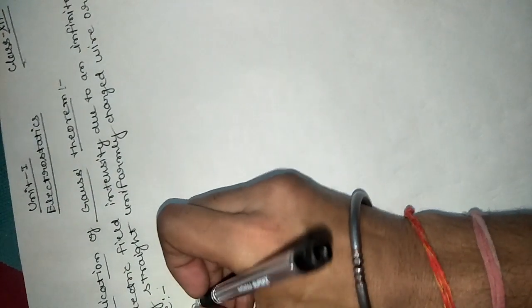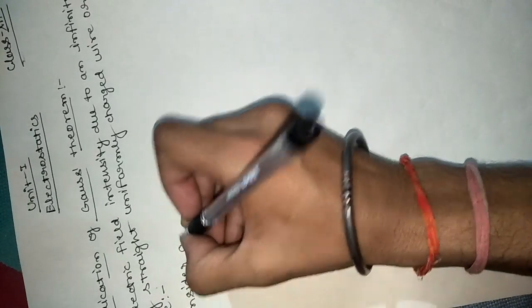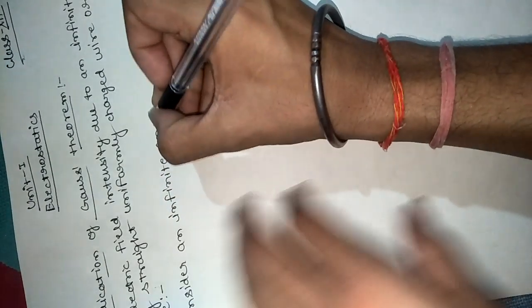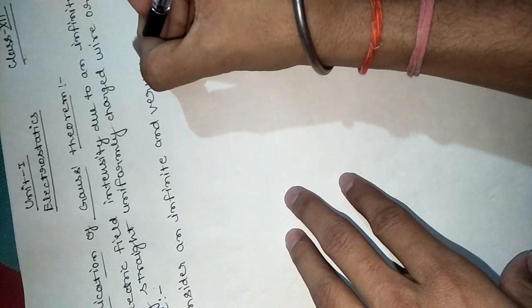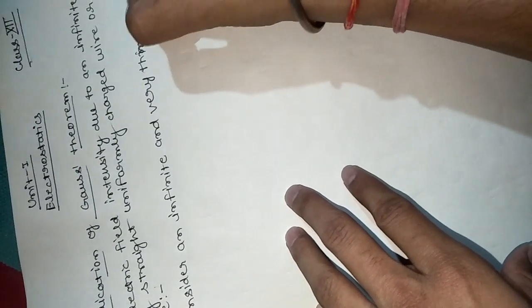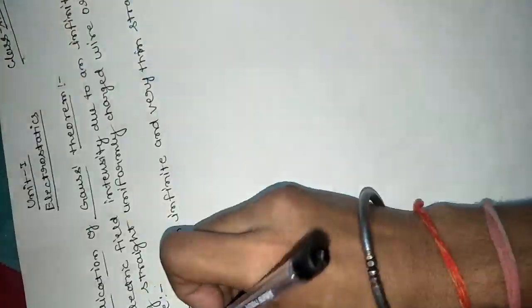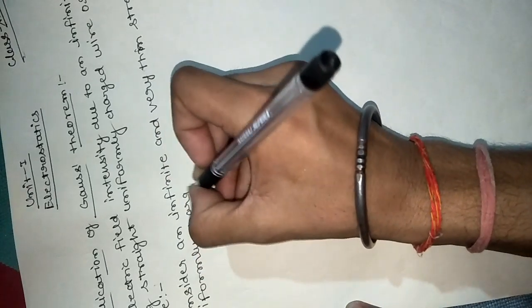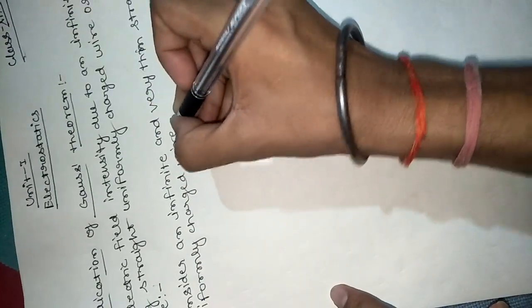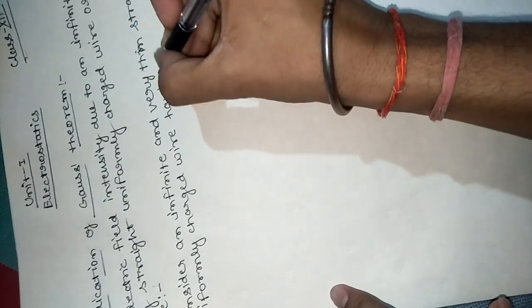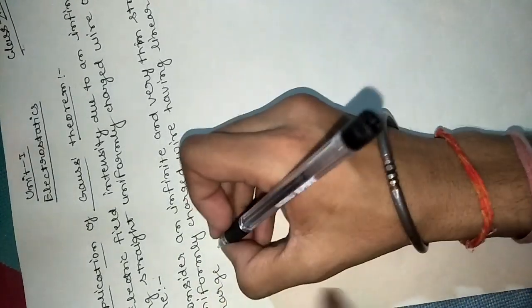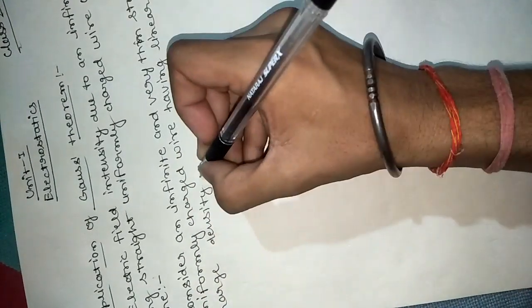Now, let us consider an infinite and very thin straight uniformly charged wire having linear charge density lambda.